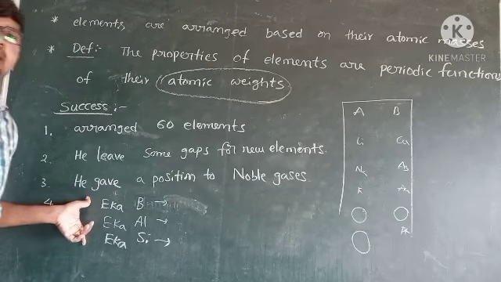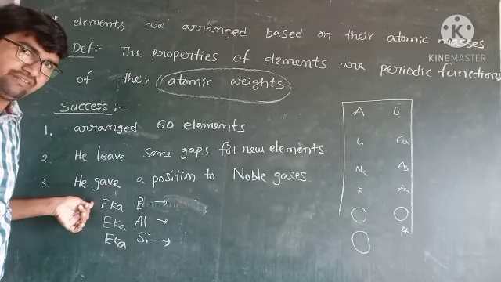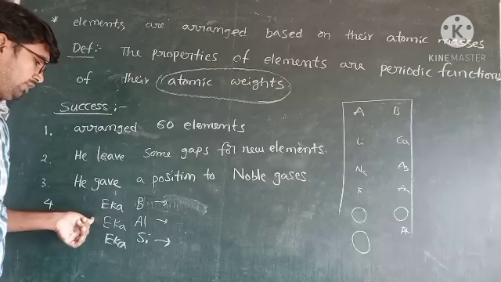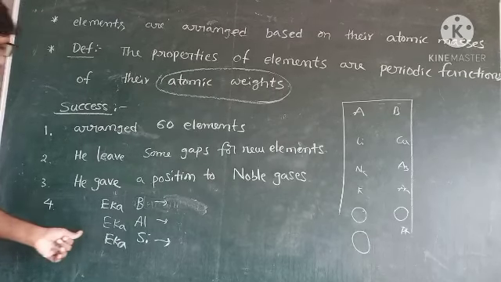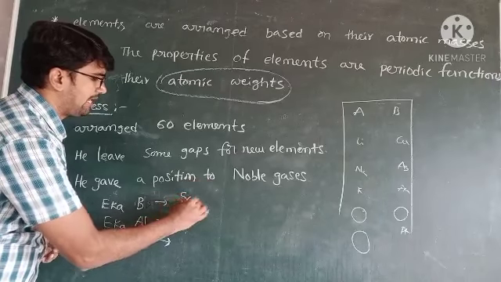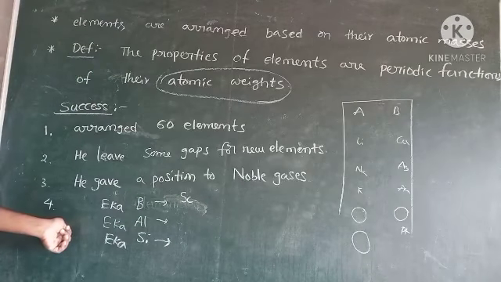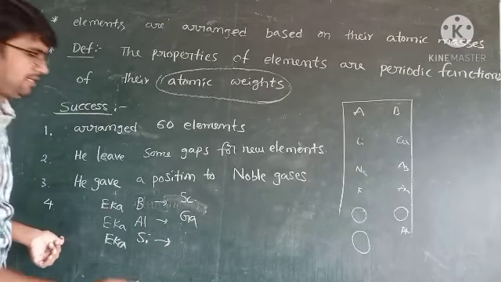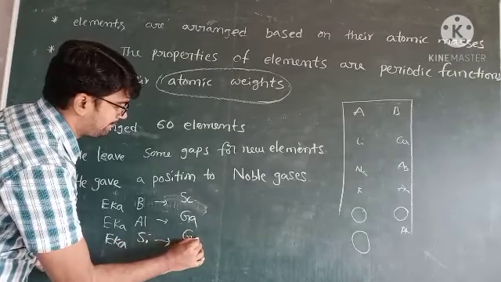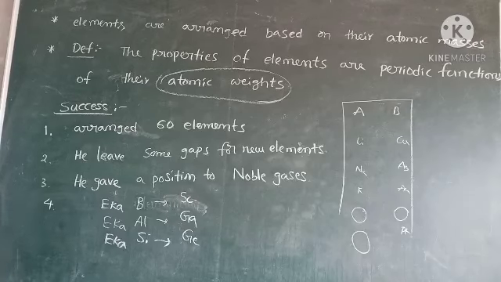These three names were given by Mendeleev: boron, aluminium, silicon. But now, instead of these names, the boron name is scandium, the aluminium name is gallium, and the silicon name is germanium. Scandium, gallium, and germanium. Right? Remember these points, all of you.